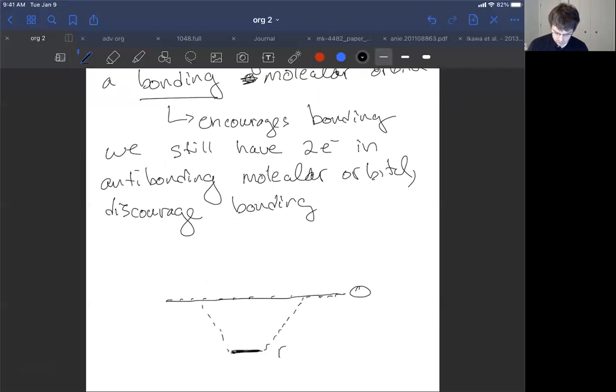Our bonding molecular orbital is lower in energy and it's more stable, but it's not as stable as the antibonding orbital is unstable. So this antibonding orbital is further from our zero line.